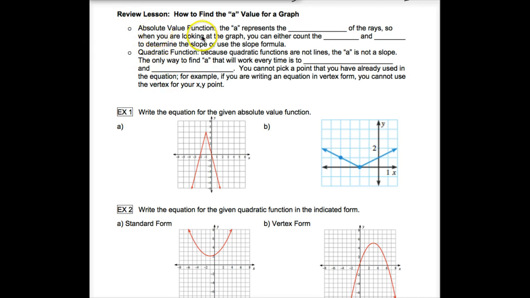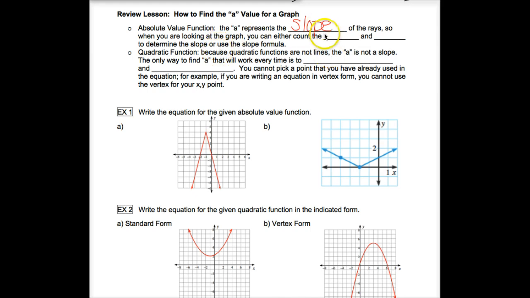So in the absolute value function, the A represents the slope of the rays, because an absolute value function is like a piecewise linear function, two different pieces of lines. So when you're looking at the graph and you want to find A for an absolute value function, that's actually pretty easy.